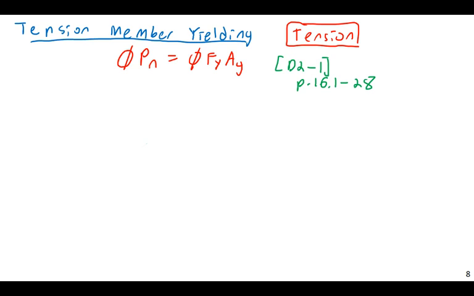The resistance factor that you're allowed to use is going to depend on both the type of structural element and the failure mode. So in this case, the phi, your resistance factor, is going to be 0.9. Yielding is a slightly less critical failure mode than fracture is, so with yielding, you're allowed to use a larger resistance factor than you are with fracture, as we'll see later. The resistance factor is to account for variability in resistance.